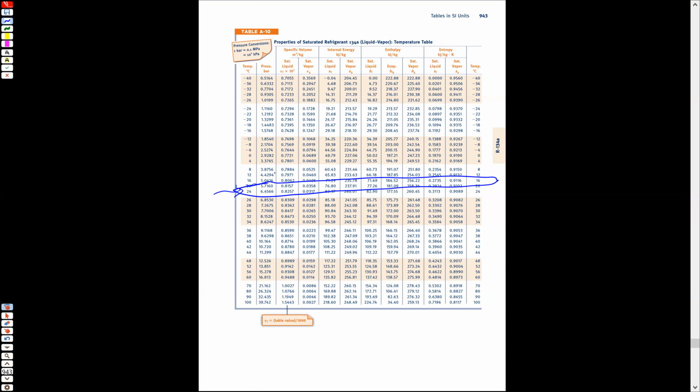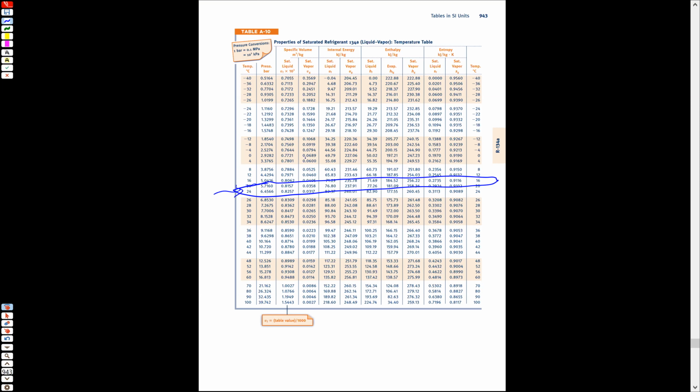At 20 degrees, you can see that the saturated pressure is 5.716. My pressure is 8 bar, which is about this. That the pressure is above the saturated pressure at 20 degrees Celsius means that my condition is actually subcooled liquid, right?